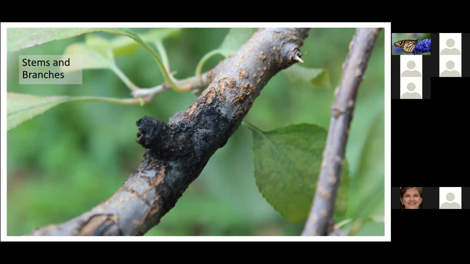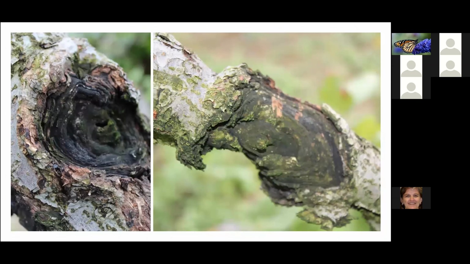In addition, some pathogens, like the bitter rot Colletotrichum pathogen, will overwinter in a canker of a different disease. So we see the Colletotrichum or bitter rot pathogen overwintering in fire blight cankers and in black rot cankers. This is black rot. Black rot cankers, this is on apple.